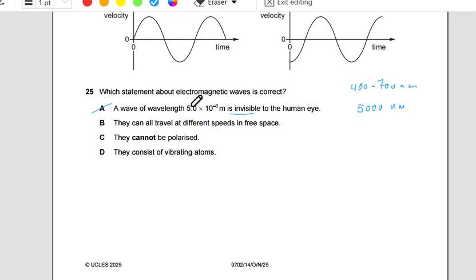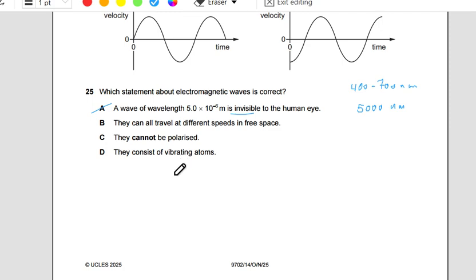Certainly, electromagnetic waves, all types of electromagnetic waves, have the same speed in free space, which is c, so not different speeds, and it can certainly be polarized. We have light that we saw a lot. How can we polarize it? We have microwave.